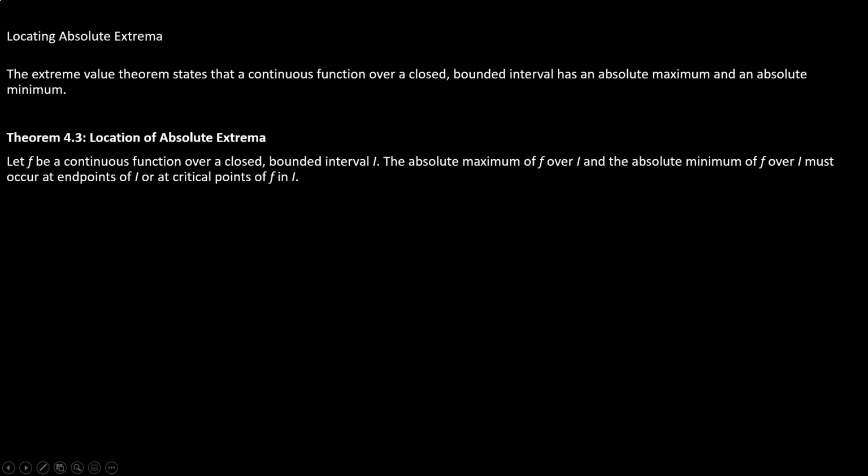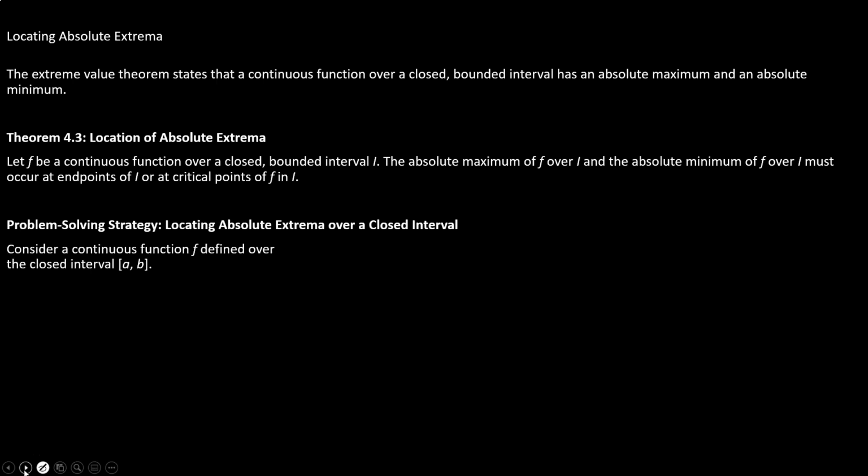So anytime we look for absolute extrema, we need to not only check the critical points, we need to also check the endpoints of the interval that we're looking for the absolute extrema on. The book provides us with a problem-solving strategy for how to do this.